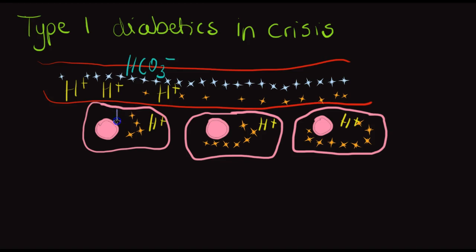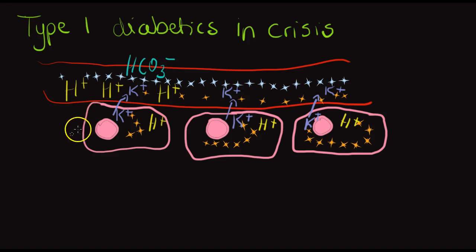So there's a potassium ion here, which is also positively charged, and it will simply kick it off into the bloodstream. And so at first you're going to have an increase in potassium ions when you see a diabetic in crisis, but then as more and more of them are kicked off and cleared by the kidneys, you'll see your potassium levels drop eventually.